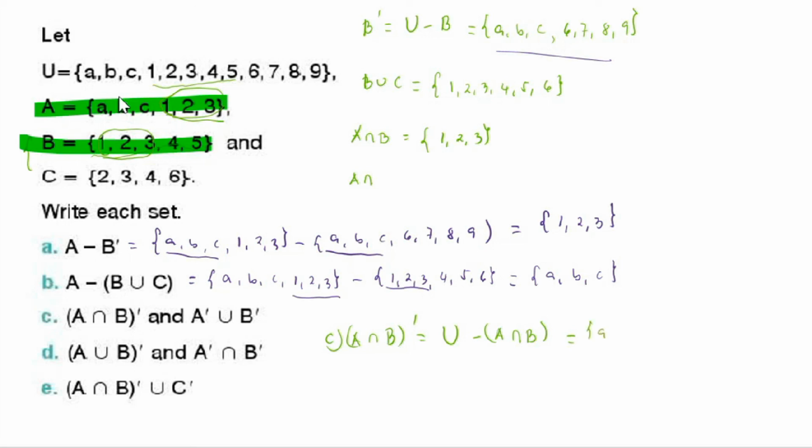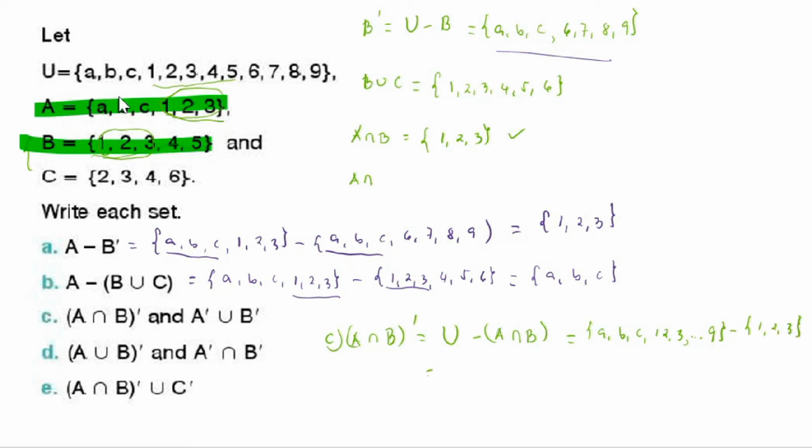So I can write A, B, C, 1, 2, 3, then so on until 9. And then minus A intersection B, whose elements are 1, 2, 3.